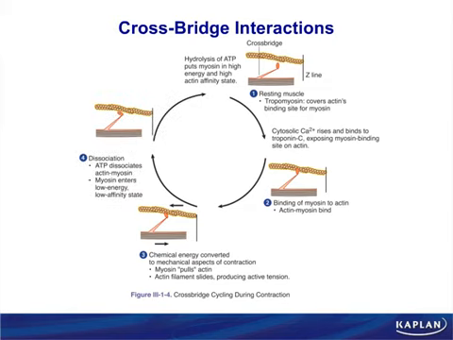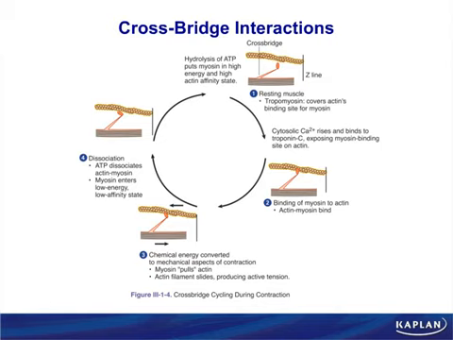Now the next step is ATP. ATP will come in and dissociate actin and myosin. So one of the roles of ATP here is to bind to the myosin. Once it's bound to actin, it will bind the myosin and split.